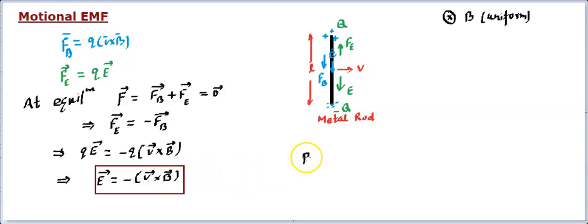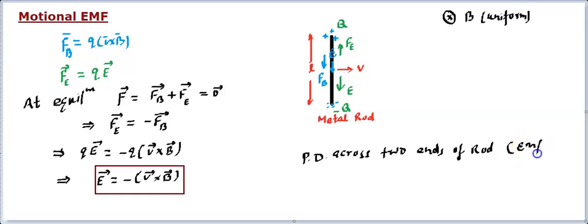So we can say the potential difference across the two ends of the rod, or the EMF induced, or the motional EMF, that is going to come in. So that's what the motional EMF is. So I'm going to write it as an EMF.